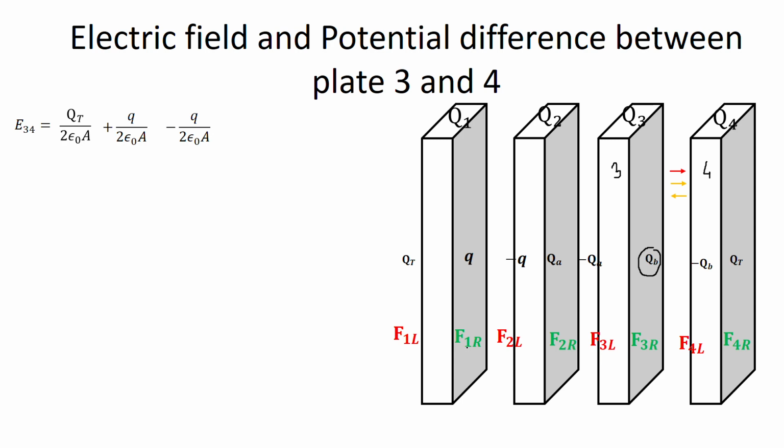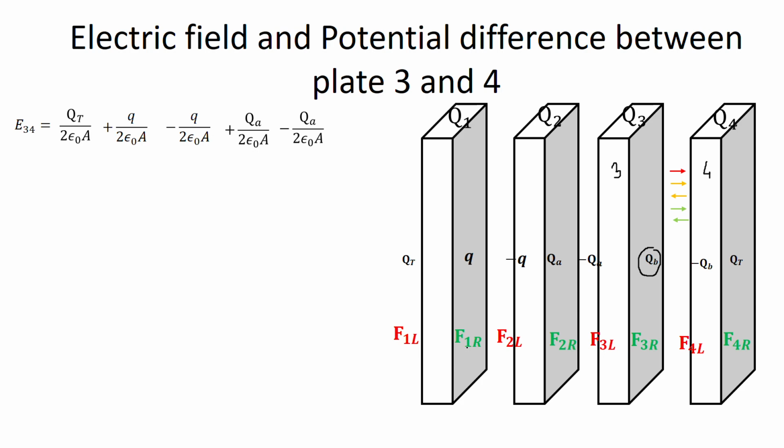Likewise, QA will push the positive charge towards right, and its magnitude is QA divided by 2 epsilon naught A. Similarly, minus QA will attract the positive charge between plate 3 and 4, so its direction will be towards left, and its magnitude is minus QA divided by 2 epsilon naught A. For QB, notice that this minus sign is not proportional to the charges which are appearing on the plate, but it is the direction in which the electric field will appear.